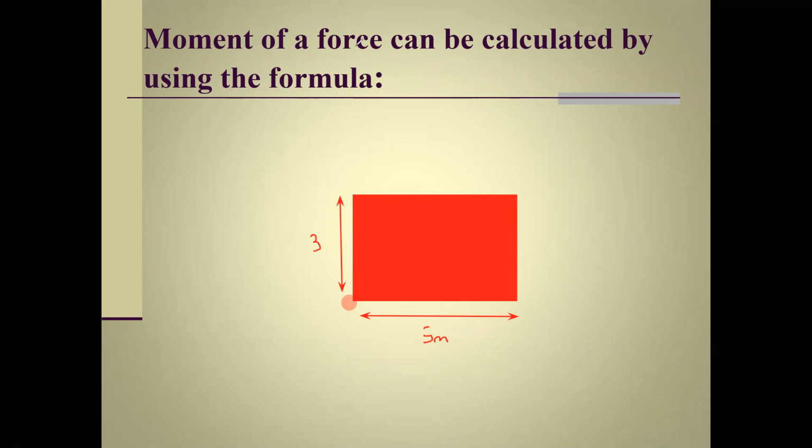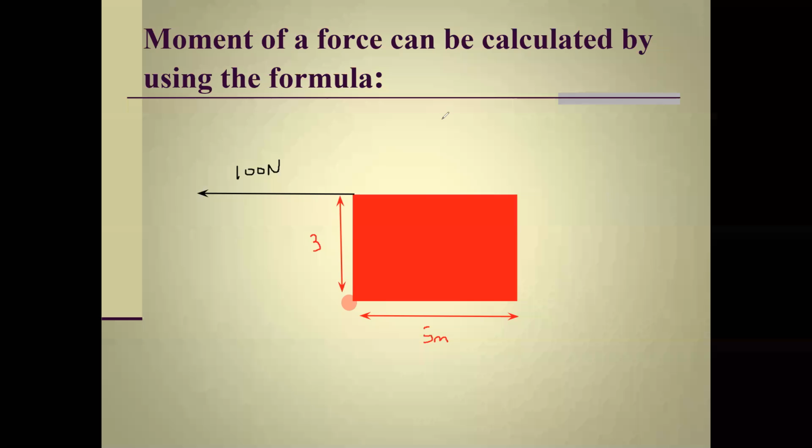And I'm applying a force on this object. A force of 100 Newton is applied. This is a point around which the object can rotate. So what is a pivot? This point is a pivot because the object can rotate around this point.